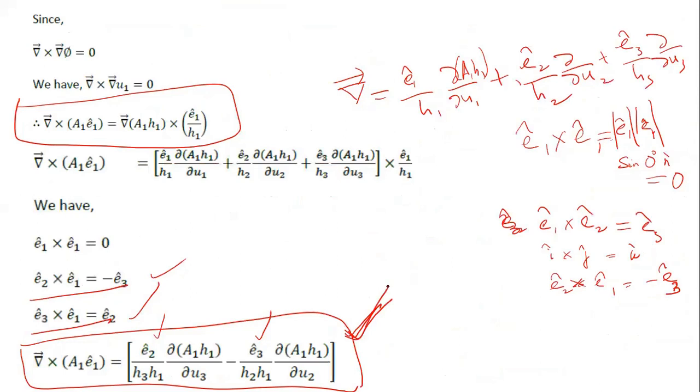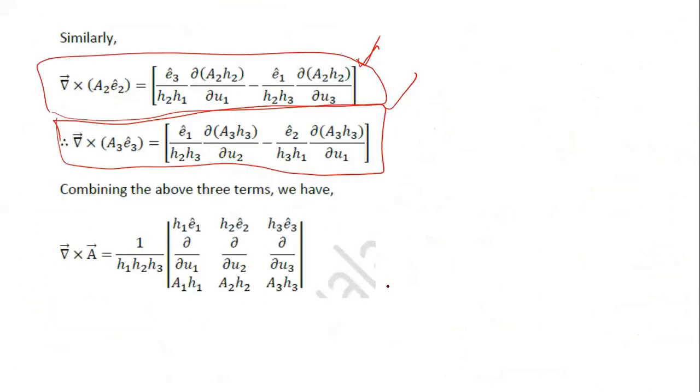We obtained this here. Okay, so if you do that, you just combine them, and this is what we get. If you want to confirm it, you can do the determinant of this yourself. 1 upon h1 h2 h3.